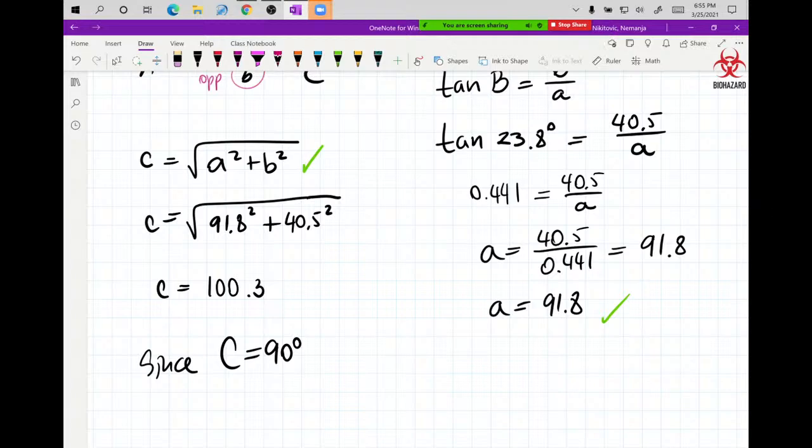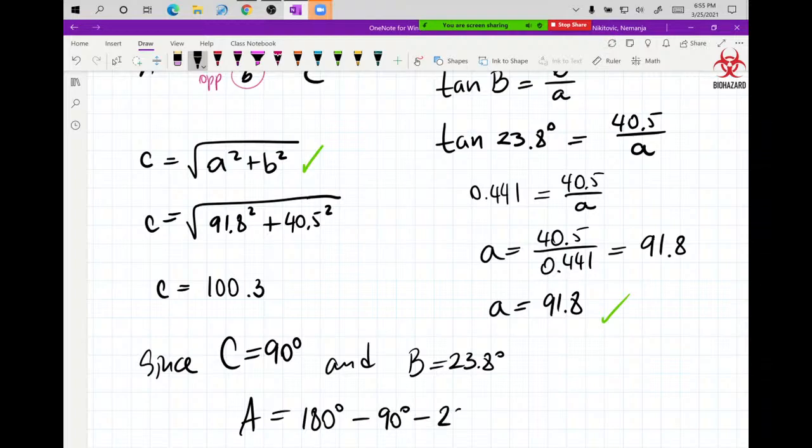Since 90 degrees and angle B is 23.8 degrees, angle A is 180 minus 90 minus 23.8 degrees, which works out to be 66.2 degrees.